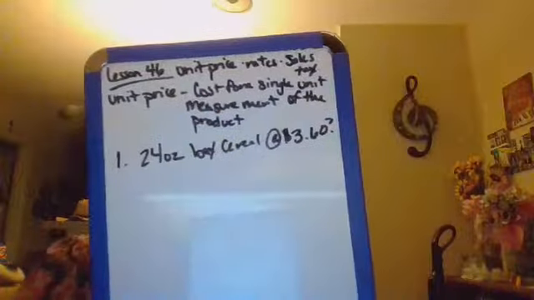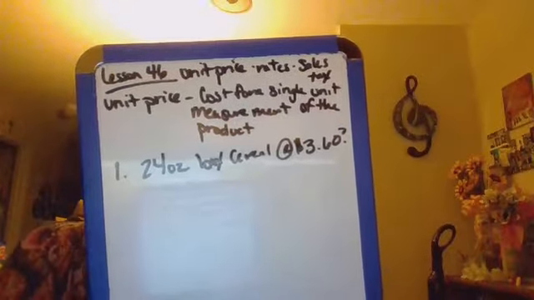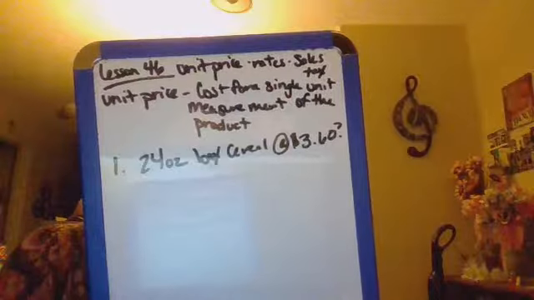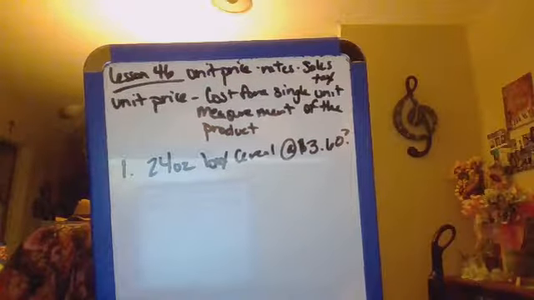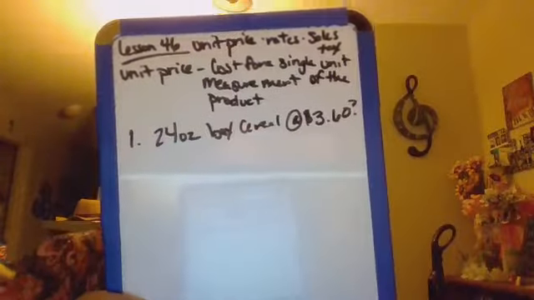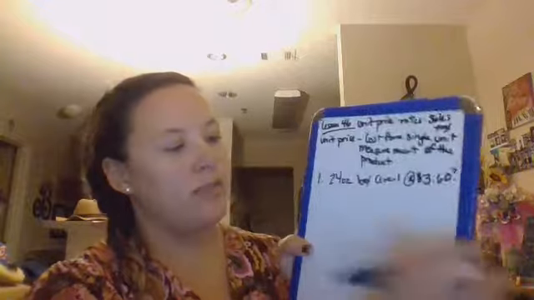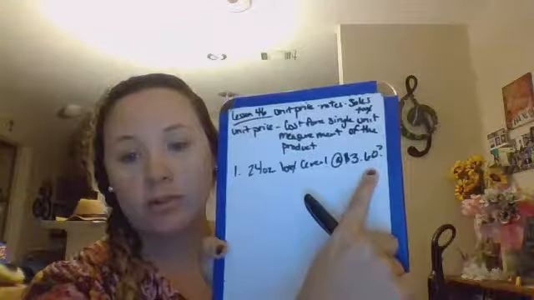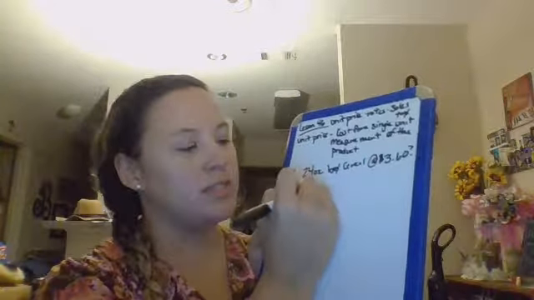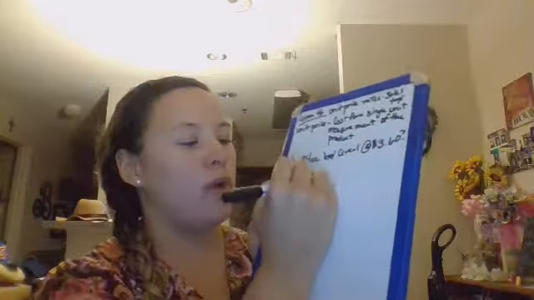So we want to know the unit price for a 24-ounce box of cereal at $3.60. What we're going to do is take the information we know and divide it. So we know that a 24-ounce box is $3.60.